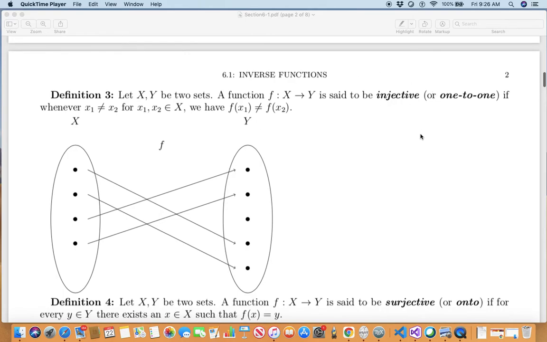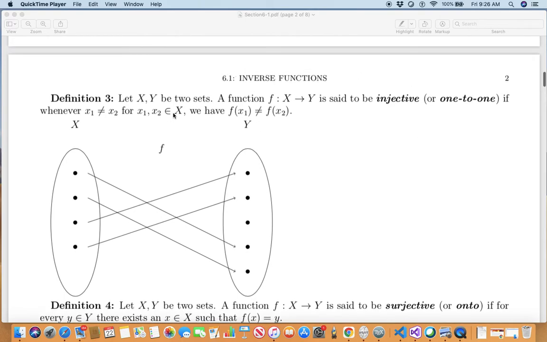What is an injective function? Start with a function. Let X and Y be two sets. A function f from X to Y is said to be injective or one-to-one if whenever x1 is not equal to x2, for elements in X, we have f(x1) is not equal to f(x2).